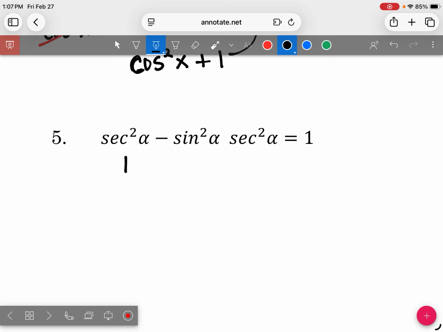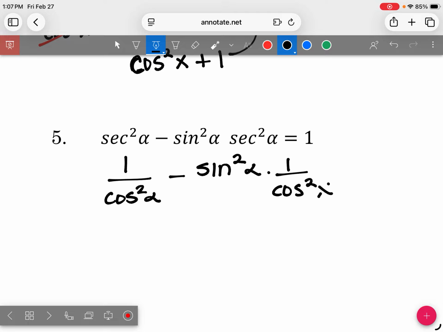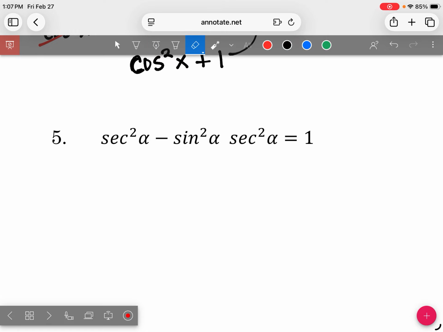So this would be 1 over cosine squared alpha minus sine squared alpha times 1 over cosine squared alpha. Let me start over. All right, so we have secant squared, which is the same as 1 over cosine squared alpha.